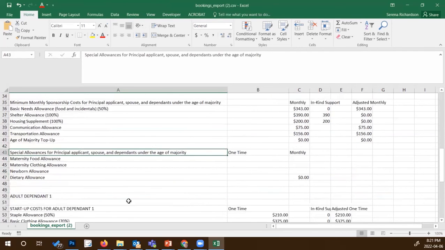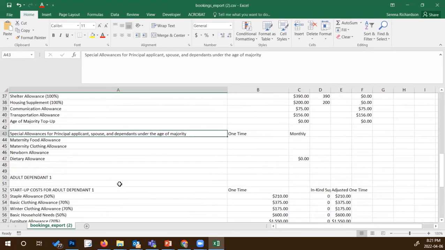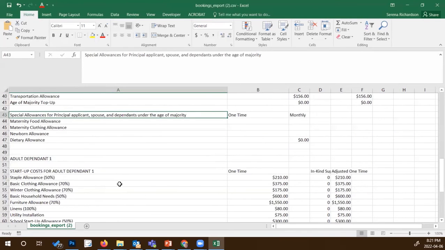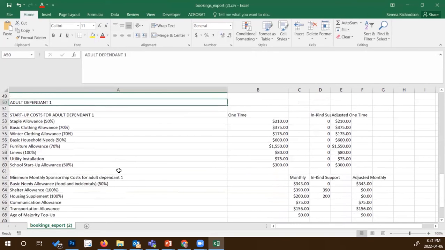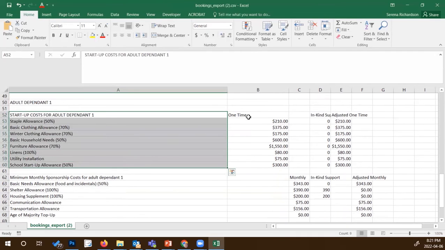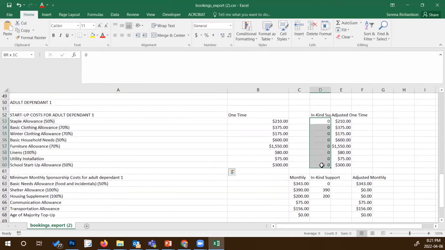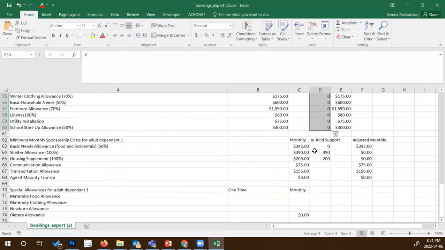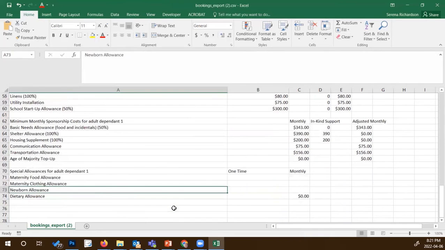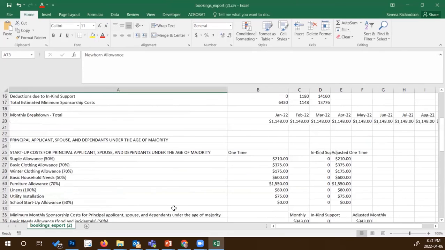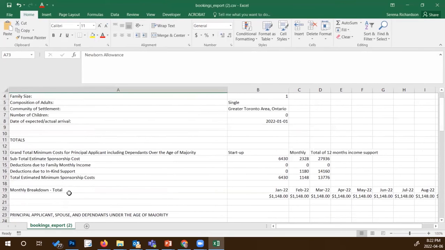Then when you get past that special allowances section, you come to the amounts for the adult dependent who is over 18. And again, here's the startup costs, and they have not made any startup cost deductions, but we have made deductions for shelter and housing supplement. No special allowances here.